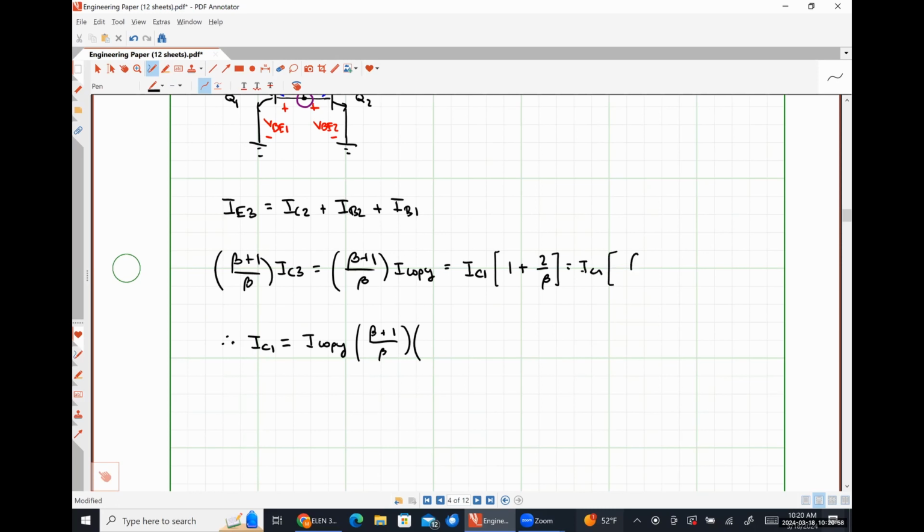So that would be beta plus 2 over beta. Right, calling one beta over beta and then having a common denominator. So that's going to look like beta over beta plus 2. These guys cancel each other out. And that's just I copy times beta plus 1 over beta plus 2.